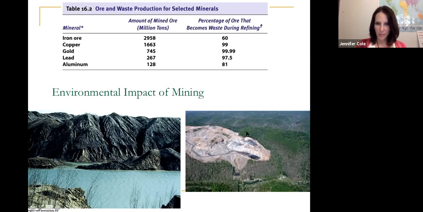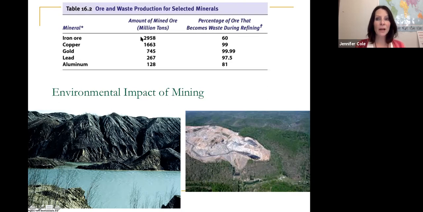And mountaintop removal, and you can see the scars on the landscape. Every step along the way, you have a scar from mountaintop removal and then processing the tailings that you put down. And in this top graph here, table here, you don't have to remember things about it, but essentially what you're looking at is by mineral, the amount of mined ore that we have taken out. This is a little dated, so this is around 2000 or something.